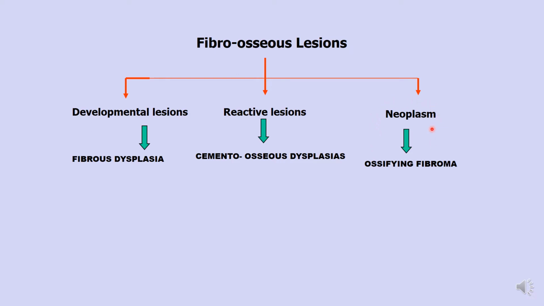Once there is a mutation and a lesion starts to proliferate and grow, this benign lesion has a constant, persistent growth potential, as against developmental lesions, which will stop growing once the growth phase of the child is over. I hope I've made this clear.